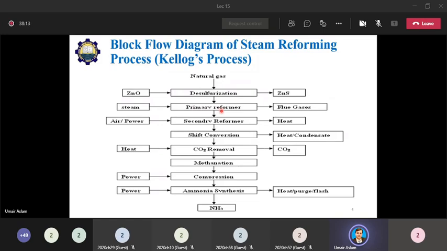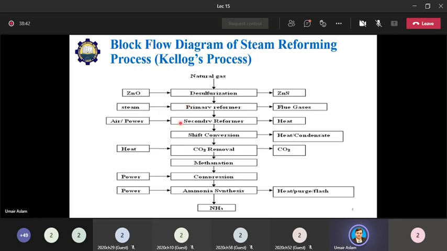This is the first reactor where we try to convert methane into a mixture of carbon monoxide, hydrogen and carbon dioxide. Maximum conversion or reforming of natural gas takes place in the primary step, up to 85%, with the help of steam, which gives us the energy.